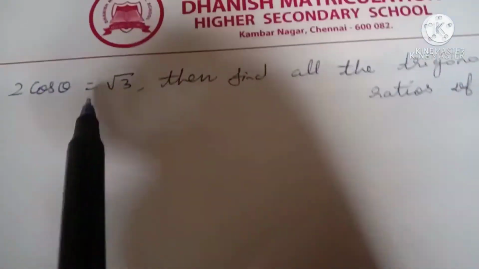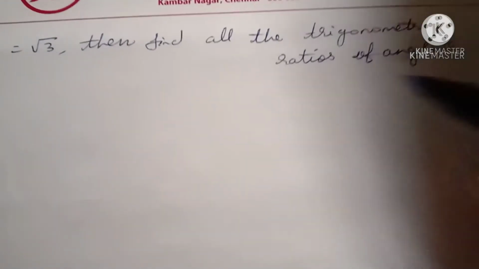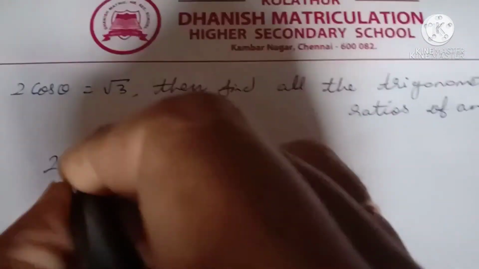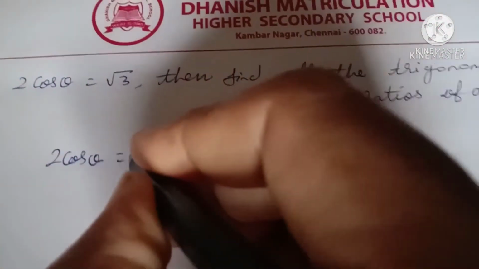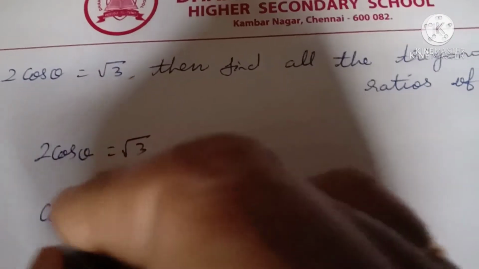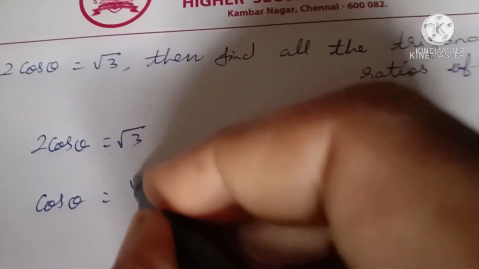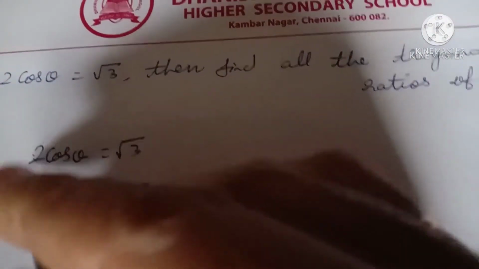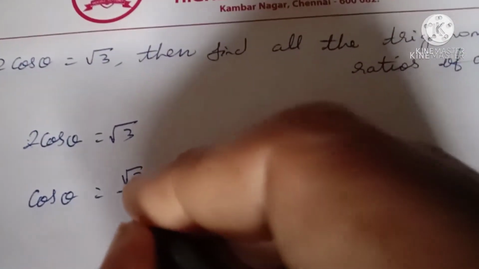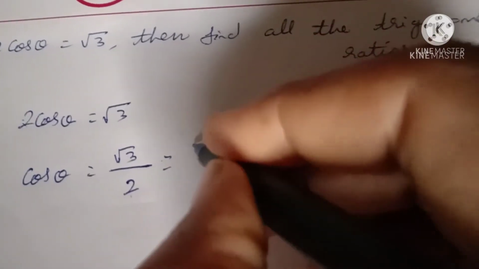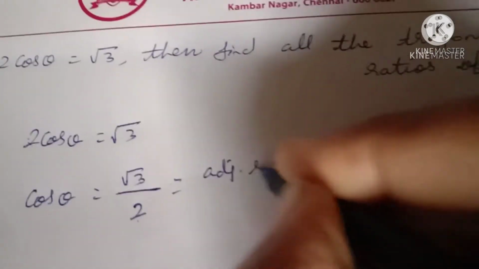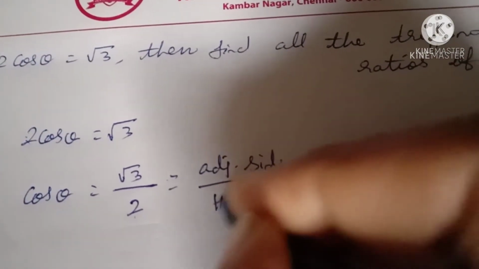2 cos theta is equal to root 3. Then find all the trigonometric ratios of angle theta. The given is 2 cos theta is equal to root 3. Therefore, cos theta is equal to root 3 by 2, if you bring this 2 to your right hand side as division. You know cos theta is adjacent side by hypotenuse.